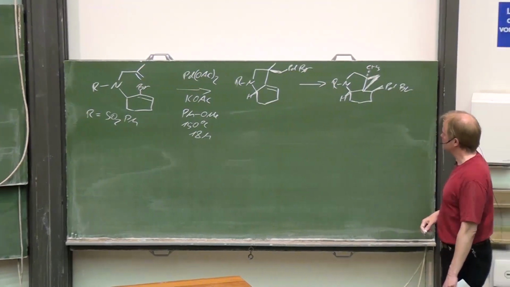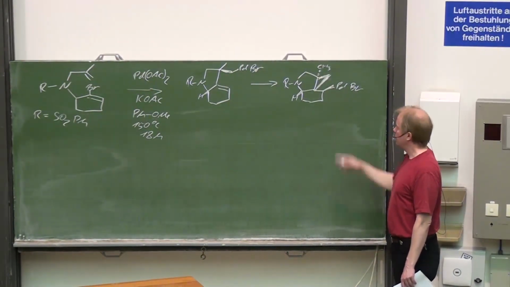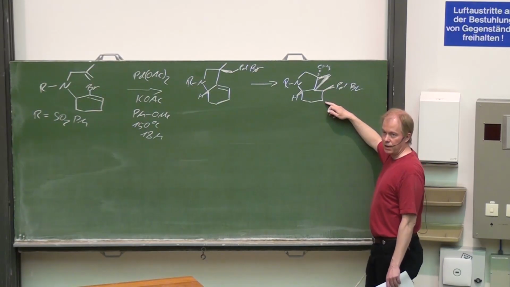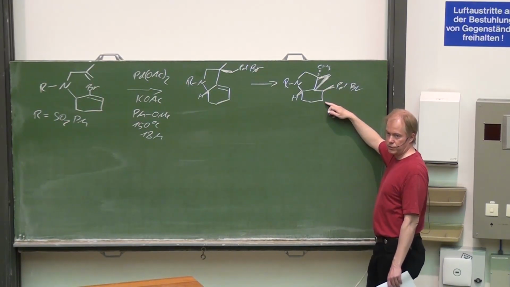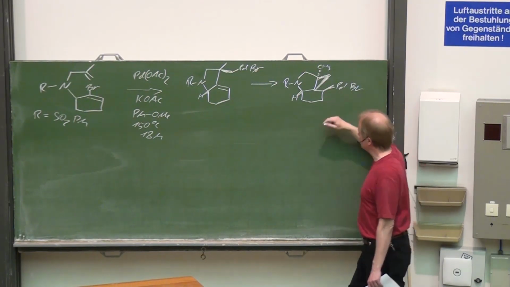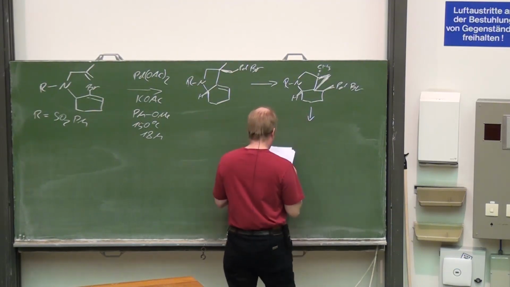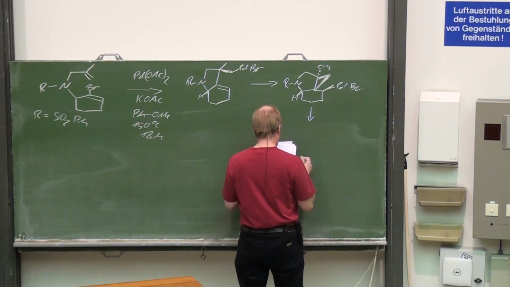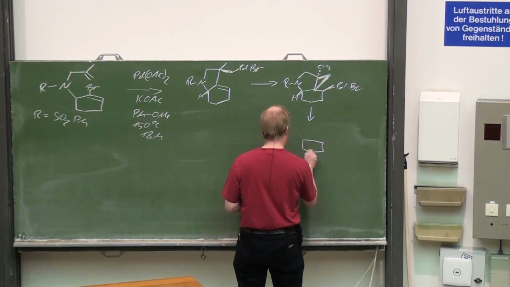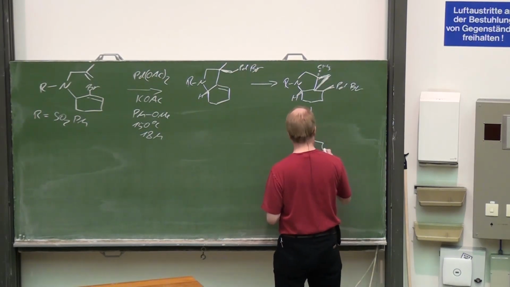This should be the next intermediate, and now we have in the periplanar position a hydrogen, the beta hydride elimination occurs. And let's do the formation of the final product.